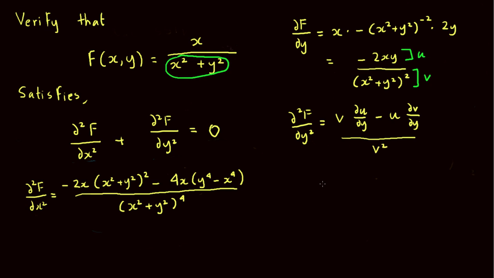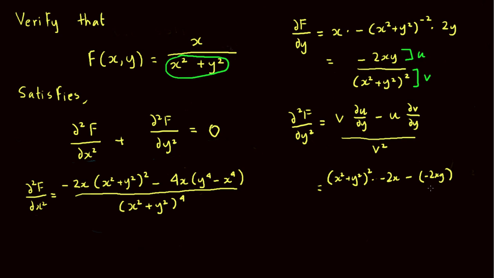That's going to be a very long expression right here. It's going to be (x squared plus y squared) squared times negative 2x. Del u del y is very straightforward. Minus negative 2xy times del v del y.